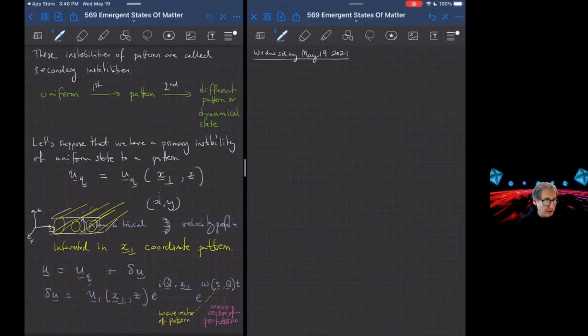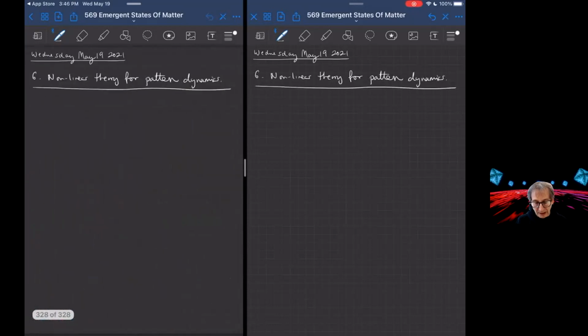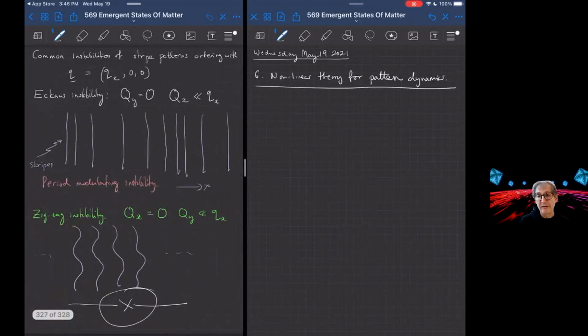And so this in my notes is section 6 of this chapter, which is the nonlinear theory for pattern dynamics. Now, if I had unlimited time, what I would do is I would derive all of this stuff by renormalization group methods.